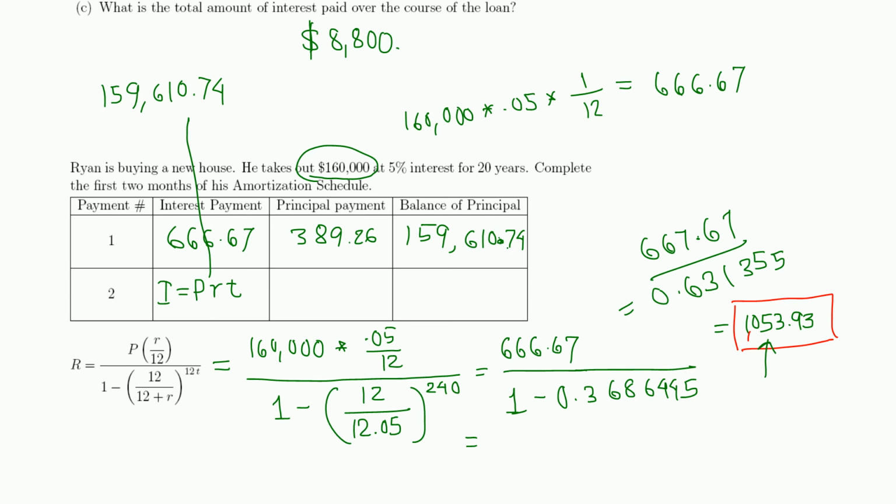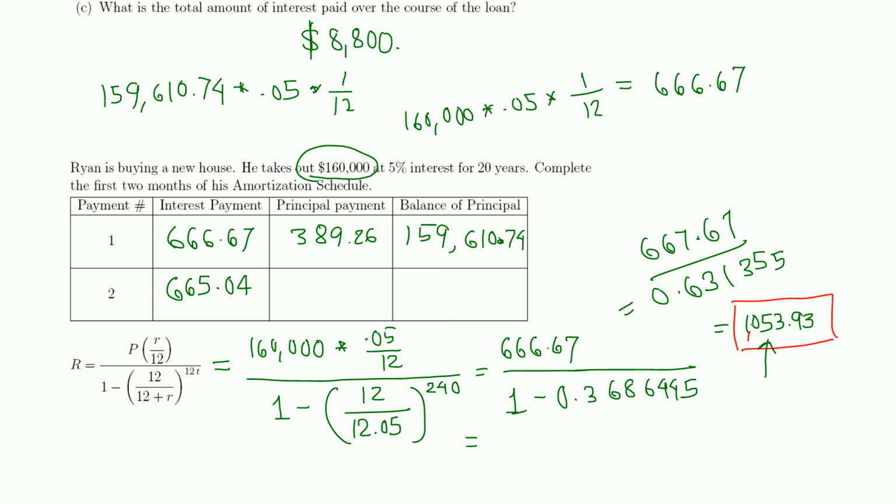R, the rate, is the same, 5%, decimal 0.05, times T is just the monthly payment, 1 month means 1 over 12. Multiply these two and divide by 12, and you get the interest, 665.04. Then what is the principal payment?